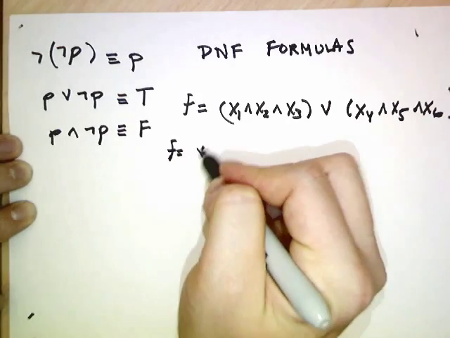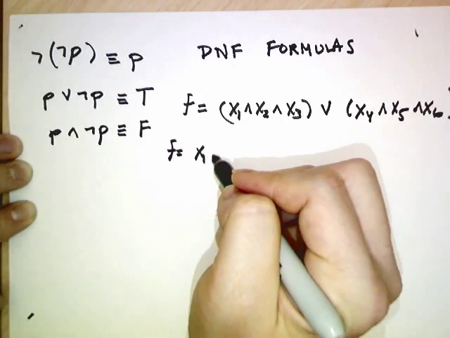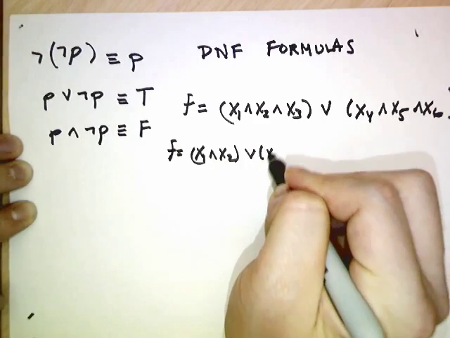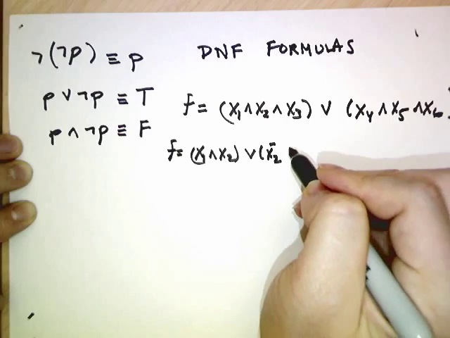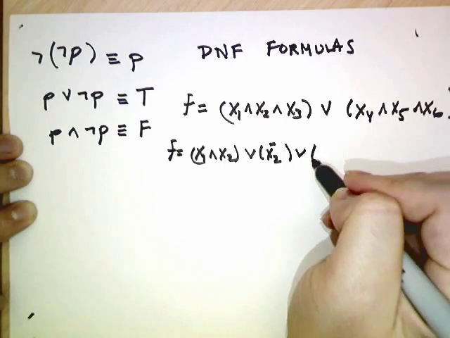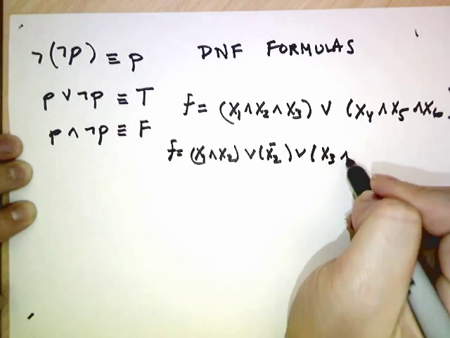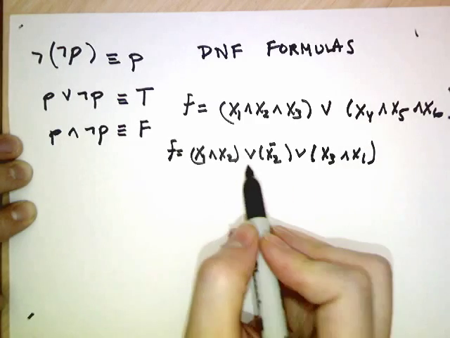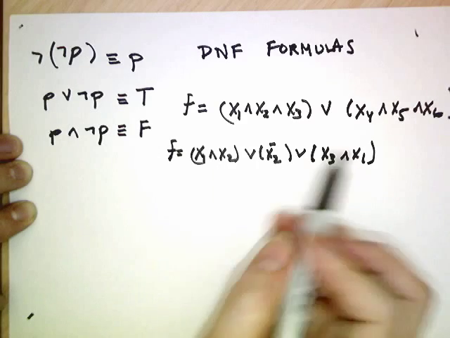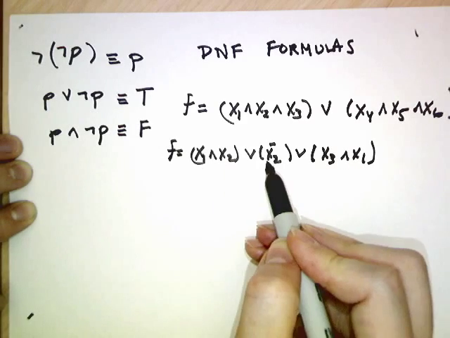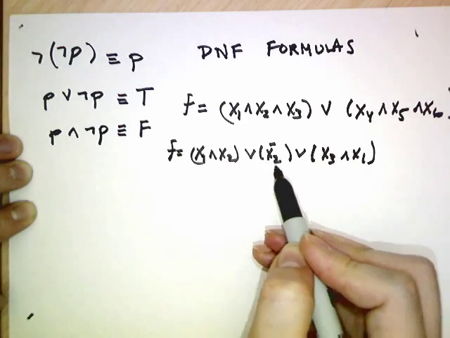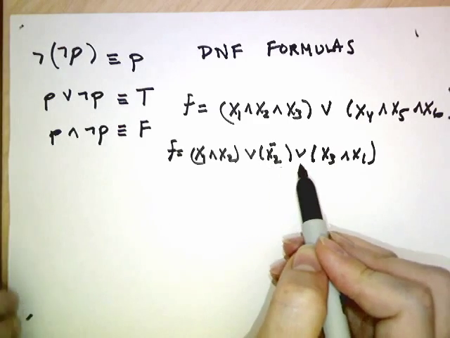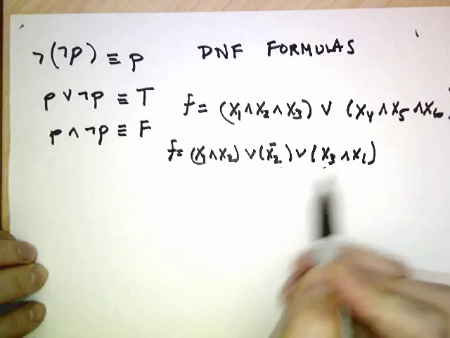Now we could have x1 and x2, or x2 bar, or x3 and x1. This is also a DNF formula. It's the OR of three ANDs. Here's an AND, here's an AND. I mean, just a literal of size 1 is an AND of size 1. And here's another AND.